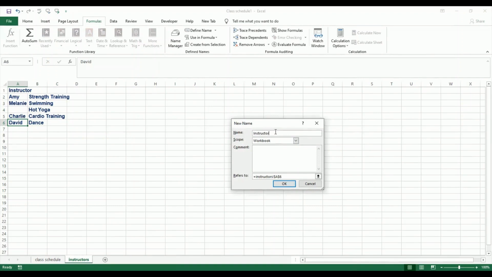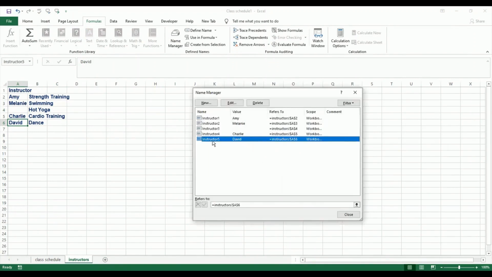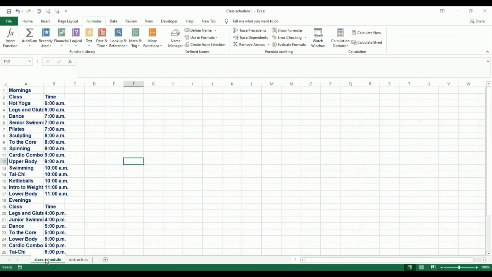Now mind you, I can't leave a gap. When you're giving a name to a cell, you're supposed to keep it continuous. So instructor 5, this has come on the instructor sheet, A6, and I say OK. Now David has become instructor 5. Okay, done.